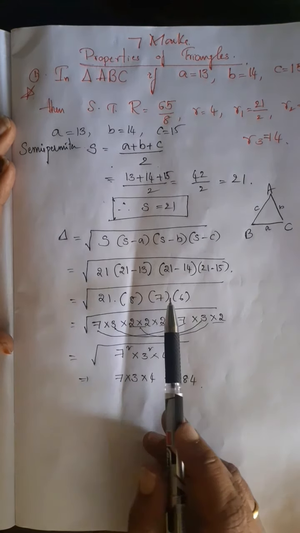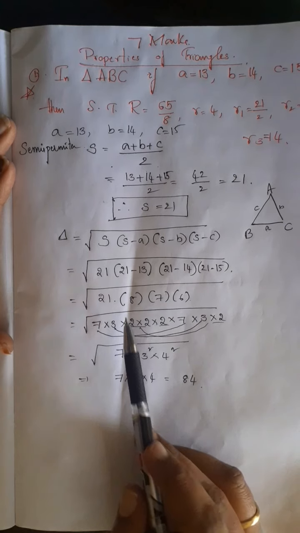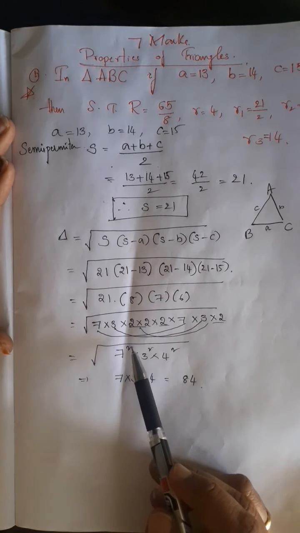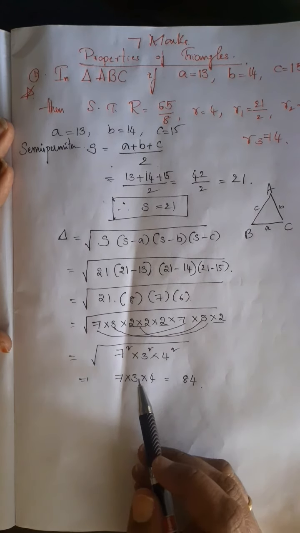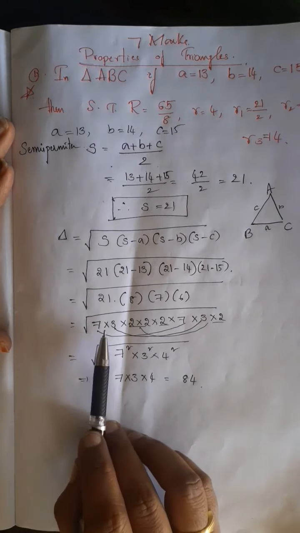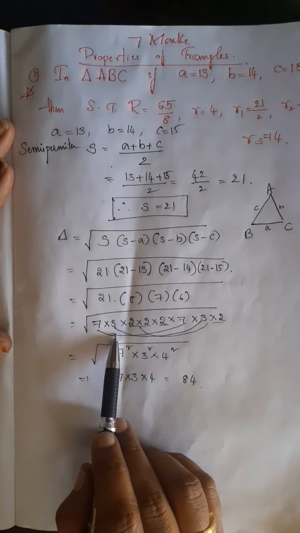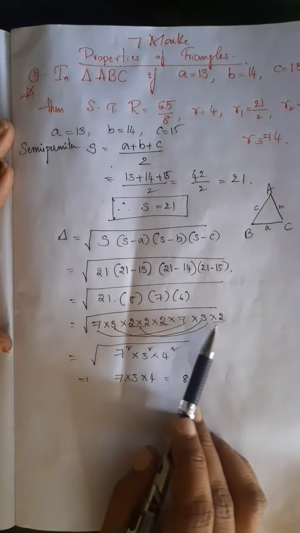Here you may face difficulty to find the square root. See, don't multiply all these things. Try to make prime factorization, and then directly you take the pairs of numbers and find the square root. Here I am writing 21 as 7 into 3, 8 as 2 into 2 into 2, 7 as 7 only, 6 as 3 into 2.